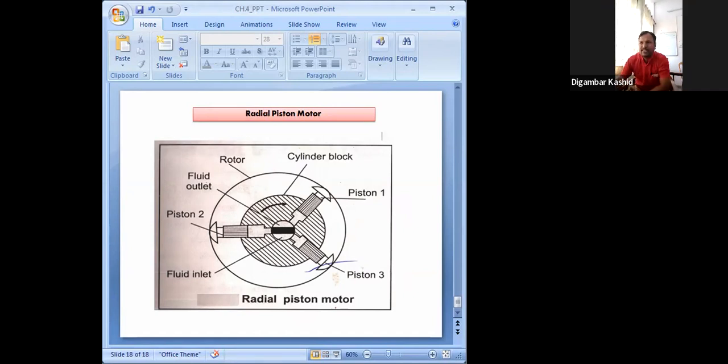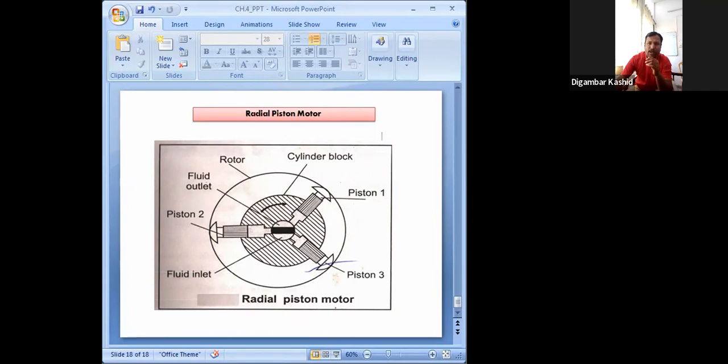So you can see here, this is the radial piston type I have shown. Another is the axial piston type that we have seen. From this port you will get fluid inside the piston motor, and this pressurized fluid coming in from this port acts on this piston.